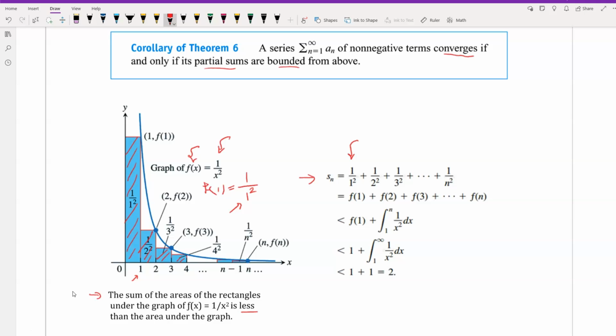And that is less than 1 plus the answer for this integral, which is equal to 1. So adding these two numbers, 1 plus 1, is equal to 2. So s of n is less than 2, or the sum of the areas of these rectangles is less than 2.